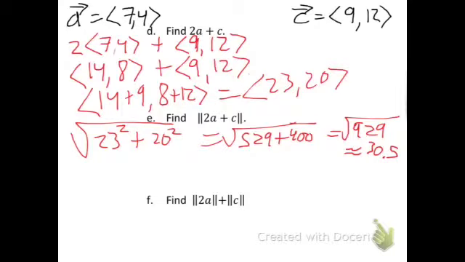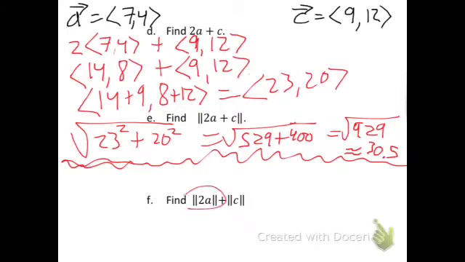I'm going to give myself some space here to do the next part, because I need to now take each of these separate pieces and get their magnitude and then add them together at the end. First I'm going to do the 2a part.